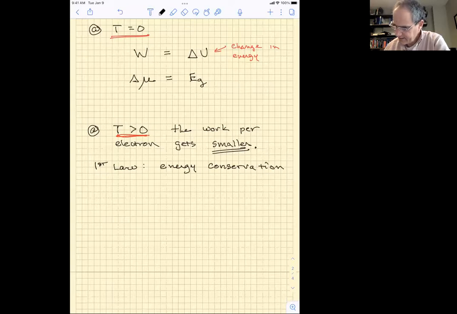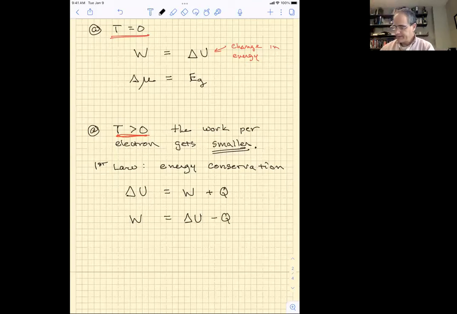And it says that the change in the energy of any system is the sum of the work done on the system plus the heat that enters the system, okay? So that in this case, the work done should be equal to the change in the energy of the system minus the heat that enters the system, okay?